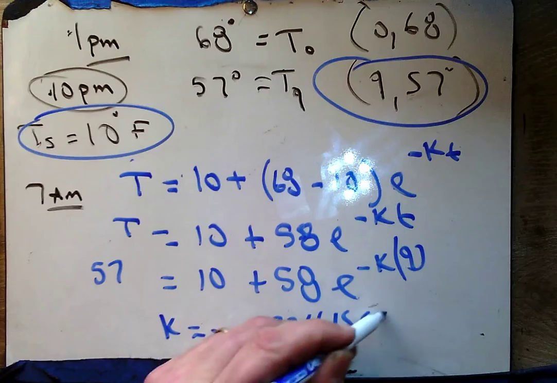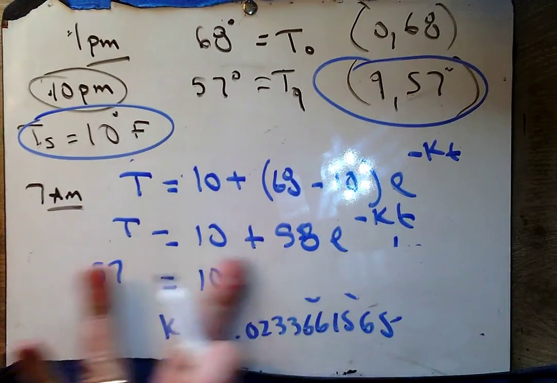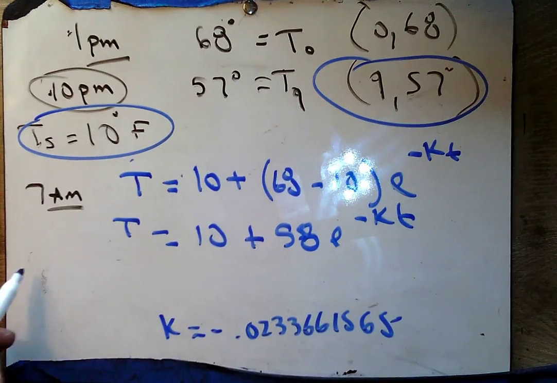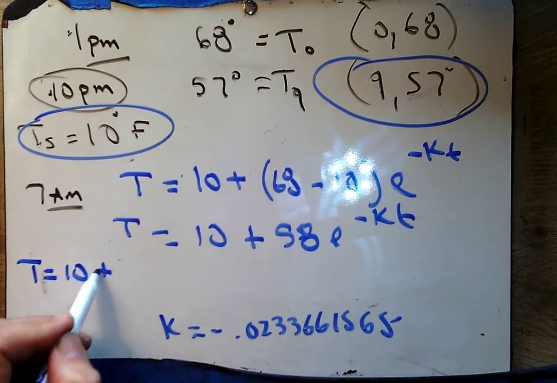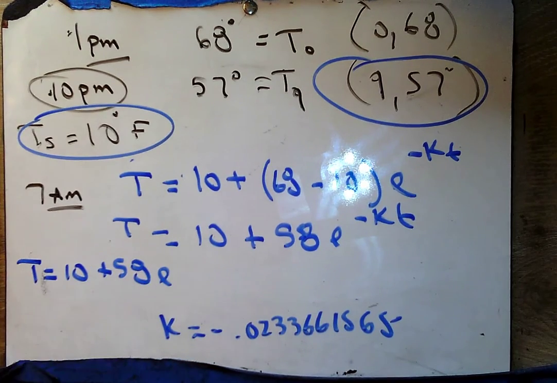Okay, I got a k of 0.0233661. And so I'm going to take this and plug it in there. Okay, T equals 10 plus 58 e to the. I solve for k. Is this negative?